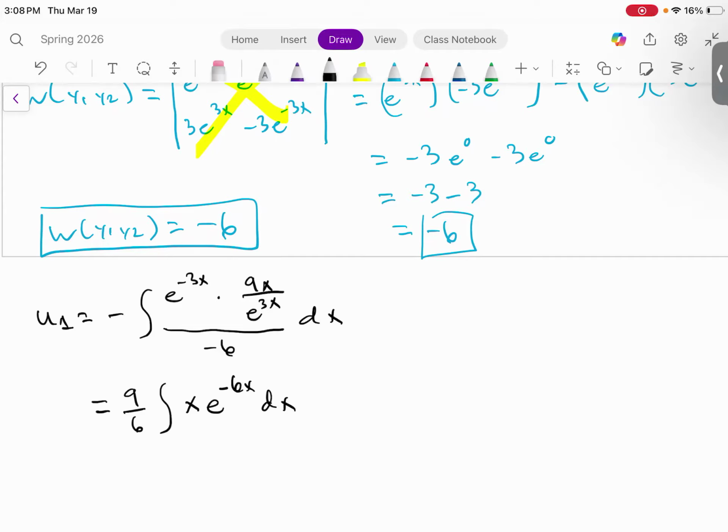Okay, so with variation of parameters, there's always one of these integrals, meaning either U1 or U2, where one is very easy and one takes a little more work. I believe we are in the more difficult one because this is going to require integration by parts.